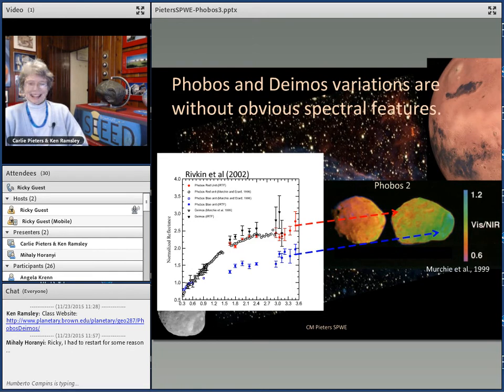There's a steeply sloped, quote, red unit, and there's something that's a flatter, or what's often called the blue unit. And these are spatially coherent across the surface of Phobos. But both of these kinds of terrains are essentially featureless in terms of the diagnostic absorptions that we know and love for many of the other bodies in the solar system.